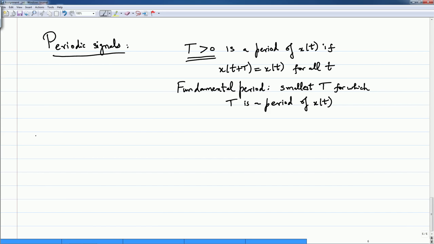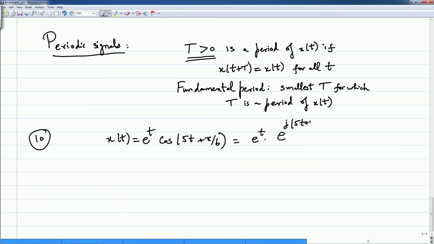So, this is question number 10. X of t is e power t times cos 5t plus pi over 6, right. So, now one can write this as e power t times e power j 5t plus pi by 6 plus e power minus j 5t plus pi by 6 divided by 2.